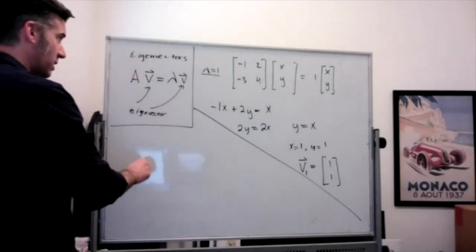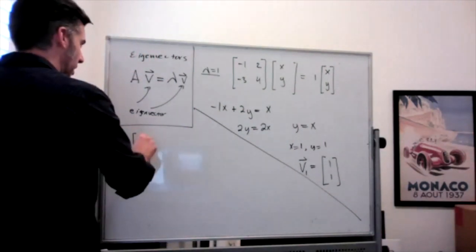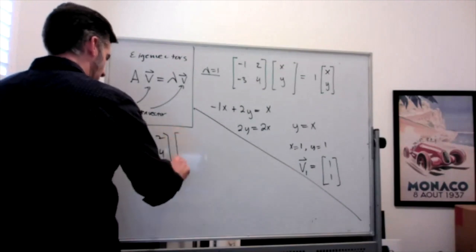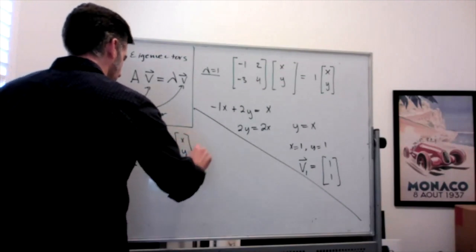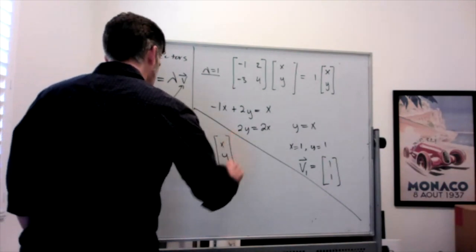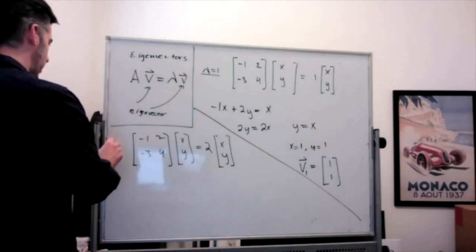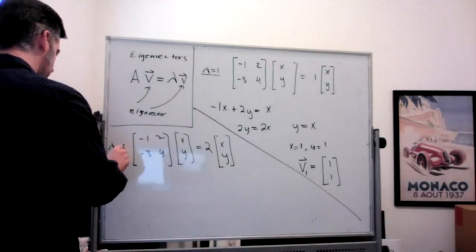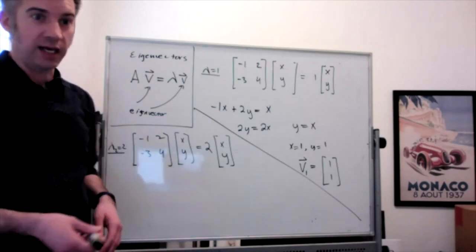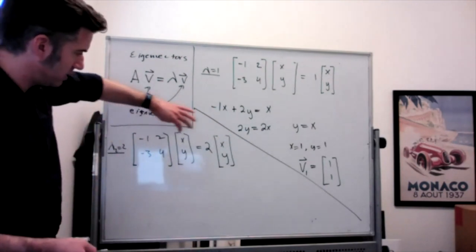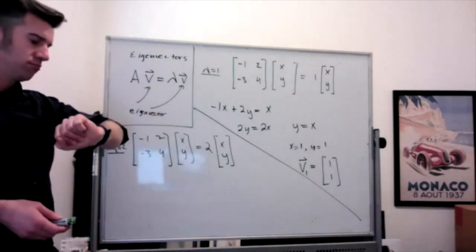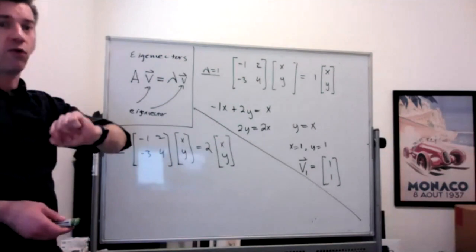So here's the equation we're going to do: [-1, 2; -3, 4] times (x, y) equal to 2 times (x, y). I know I said I was going to let you guys do it, so go ahead. I'll give you like 30 seconds to write this equation. This times this equals that times that, and see what you get for x or for y.